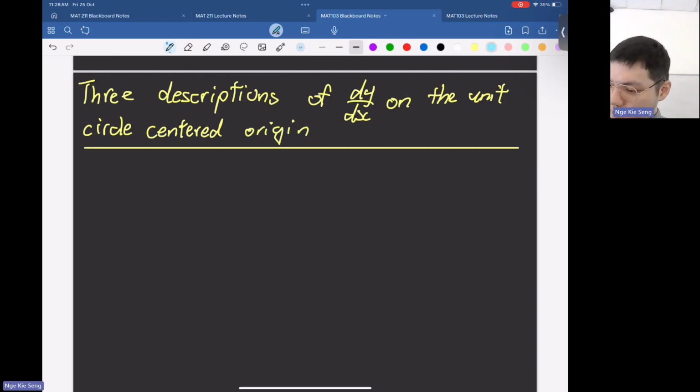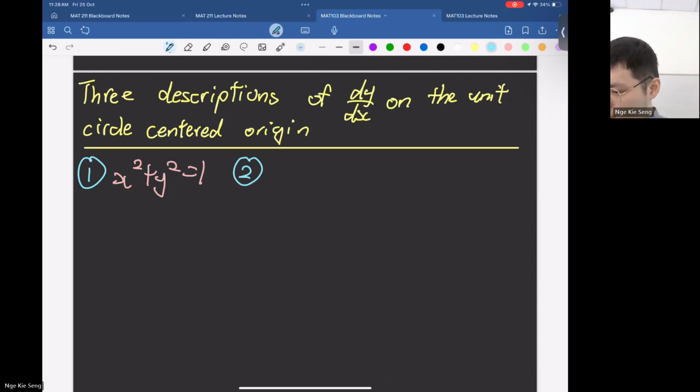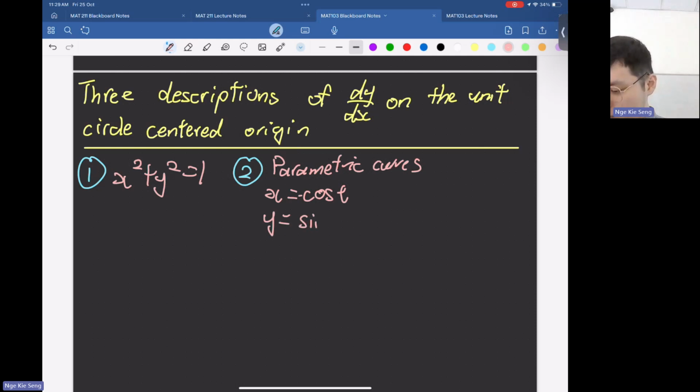First, what you learned is x squared plus y squared equals 1. Second, in the previous lecture, we learned parametric curves. So how do we use a parametric curve to describe it? We use x equals cos t, y equals sine t.